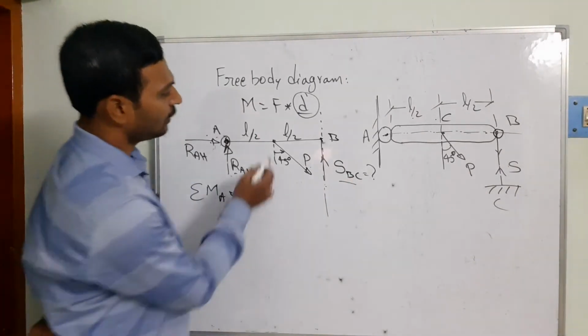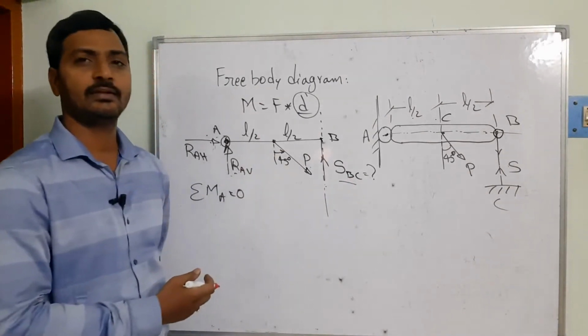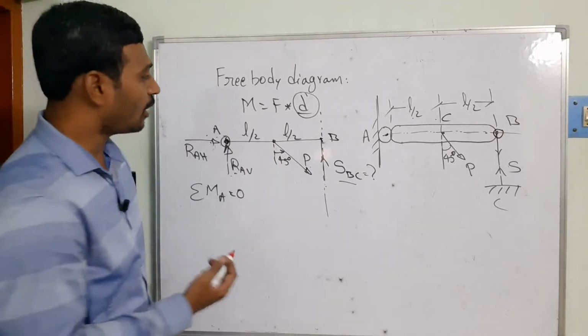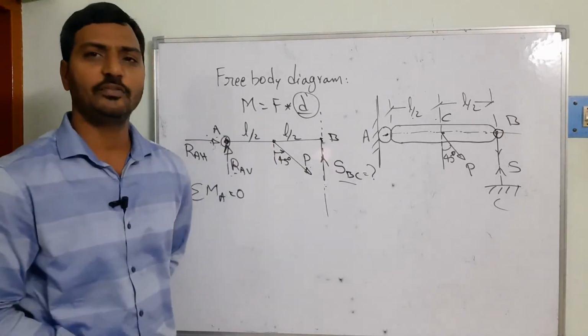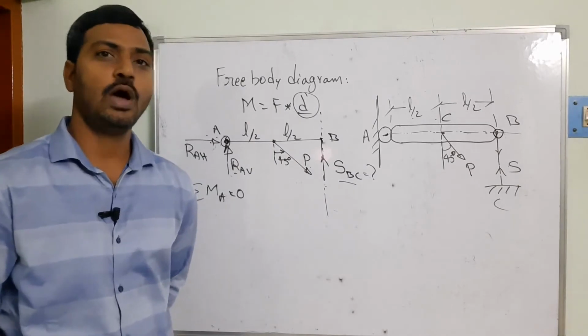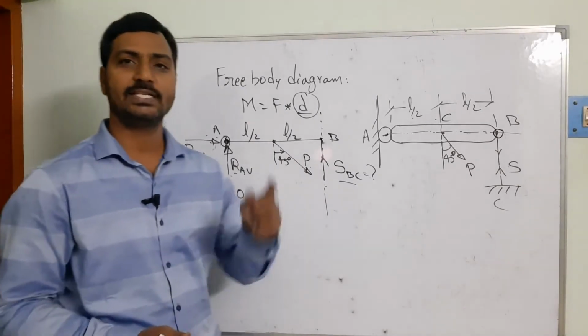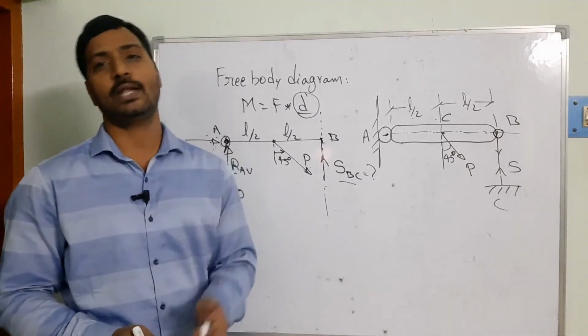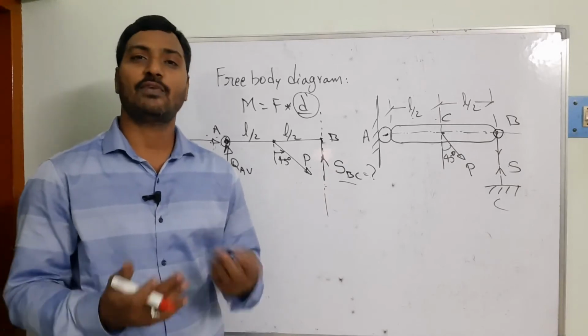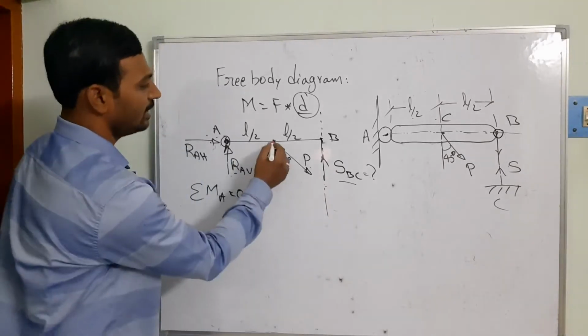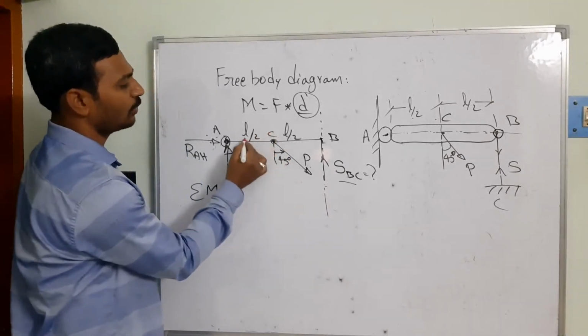Now can you see, the force P is inclined. For this one, the calculation of the perpendicular distance is going to be a little difficult. So I am going to resolve the forces, one in the horizontal direction and one in the vertical direction, so that I can find it easily. The point C is located at L by 2.